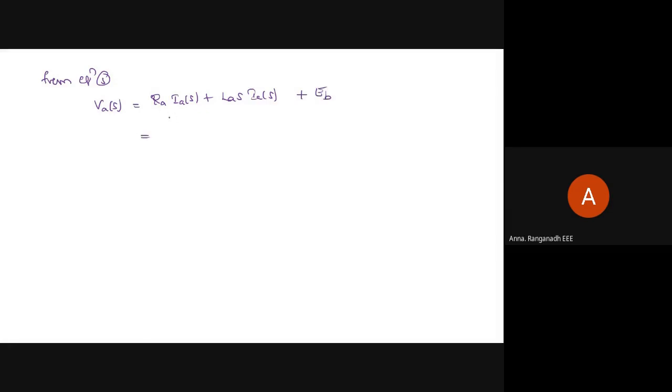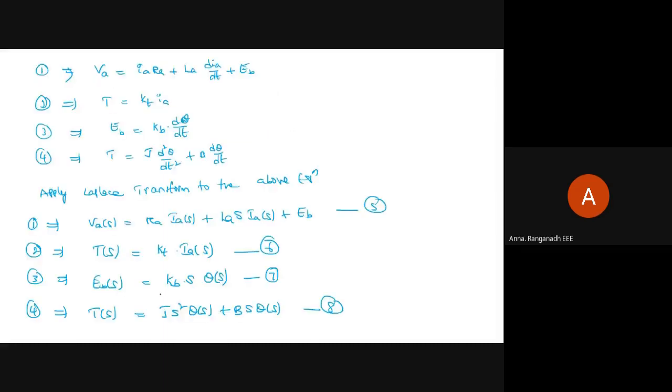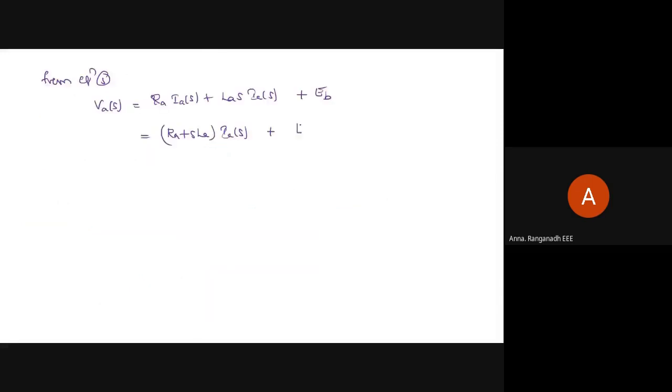From this I am going to write RA plus S LA into IA of S, plus EB. From the seventh equation, EB equals this value, so this EB value will be substituted in the fifth. Therefore, if I substitute that, it is KB into S into theta of S.